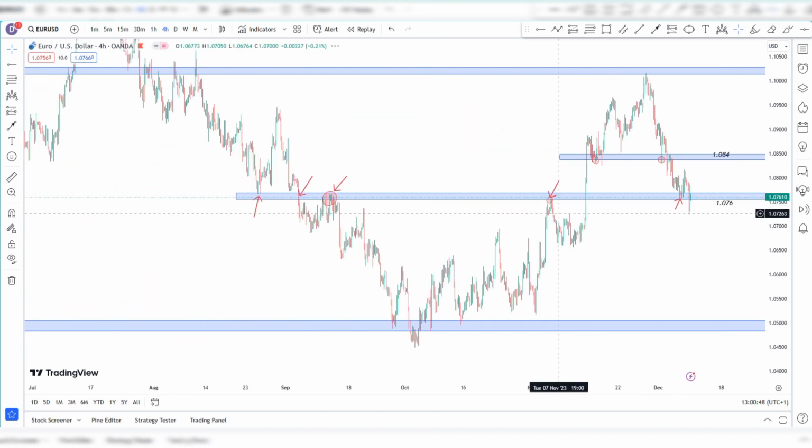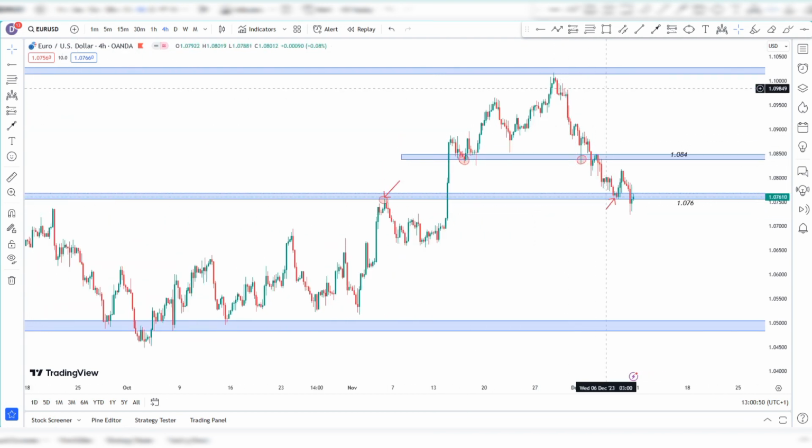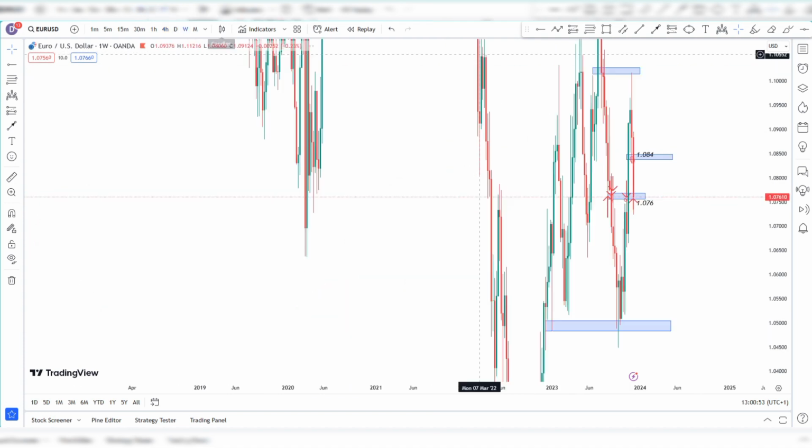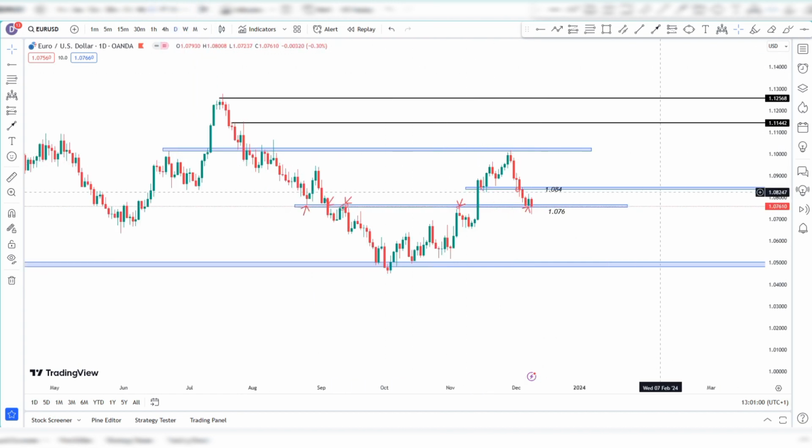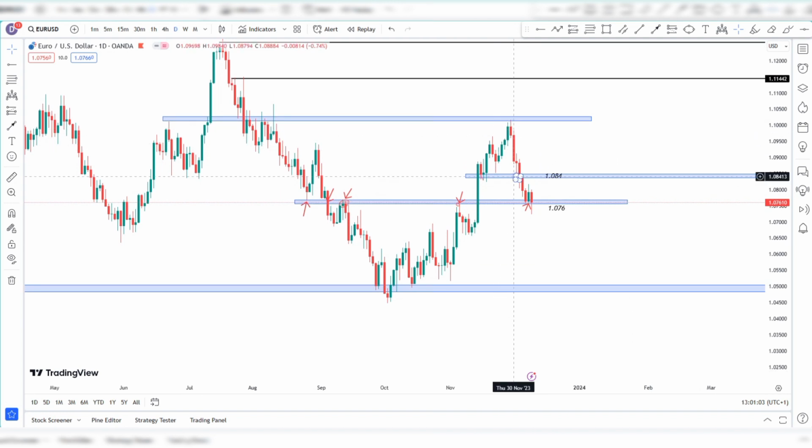My bias, I would say, given what has happened on the weekly time frame, where we see this strong sell move, as well as the daily time frame, where we see price coming down, breaking through all the support levels. But this candlestick formed here is not very convincing that price will move to the downside, just because of this wick that has formed.